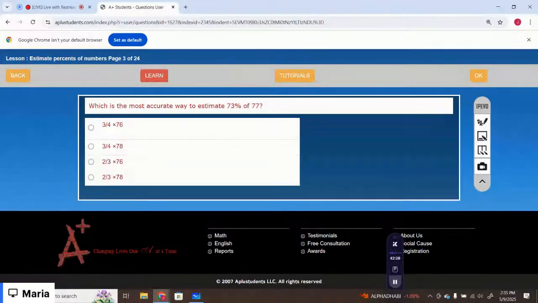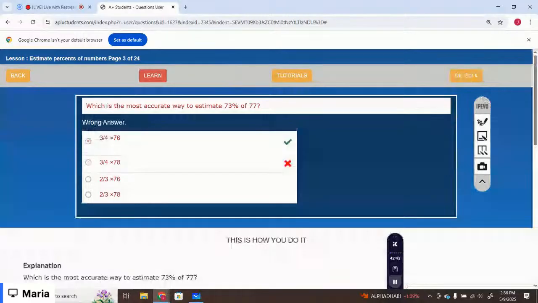Which is the most accurate way to estimate 73% of 77? That is 3/4 of 78. Option number 2 is the correct option.